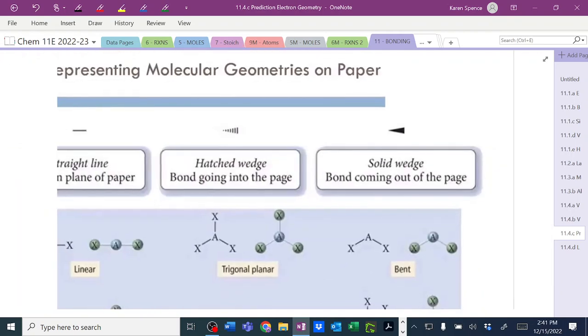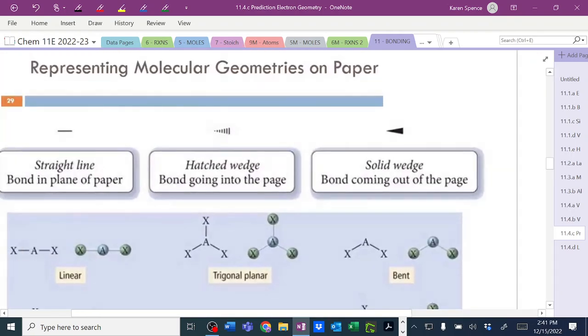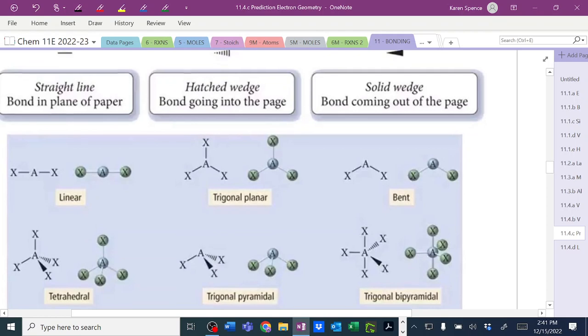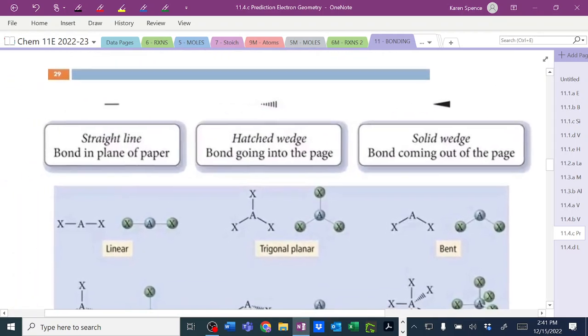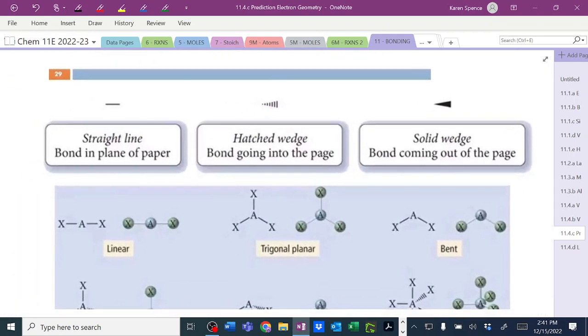We already had this page, didn't we? Like this picture? But if we didn't, I thought it was worthwhile, because even though I don't think you need to do this for the AP exam, if you're going to take any sort of chemistry, especially organic, it'll become really important. Straight line means the bond is in the plane of the paper.